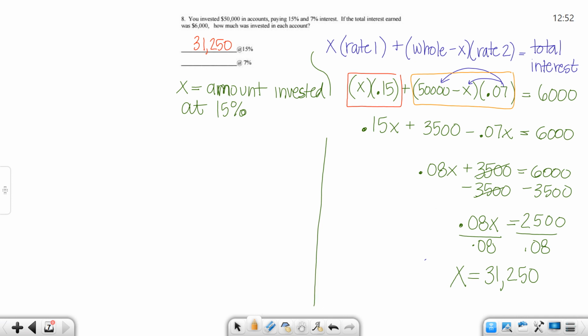In the orange blank, that's your 7% blank. In the orange blank, it says you take 50,000 minus 31,250. Subtract it out. Let me double check it before I say that's my answer. You get 18,750. And that's how that one would work.